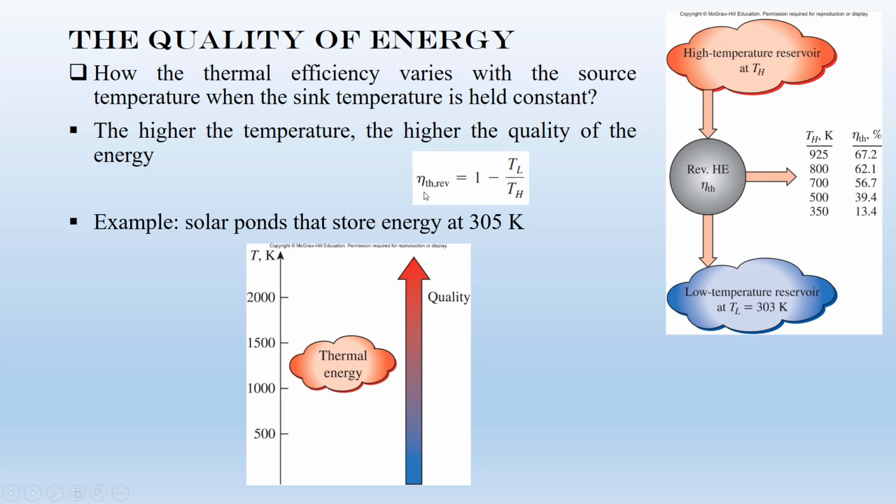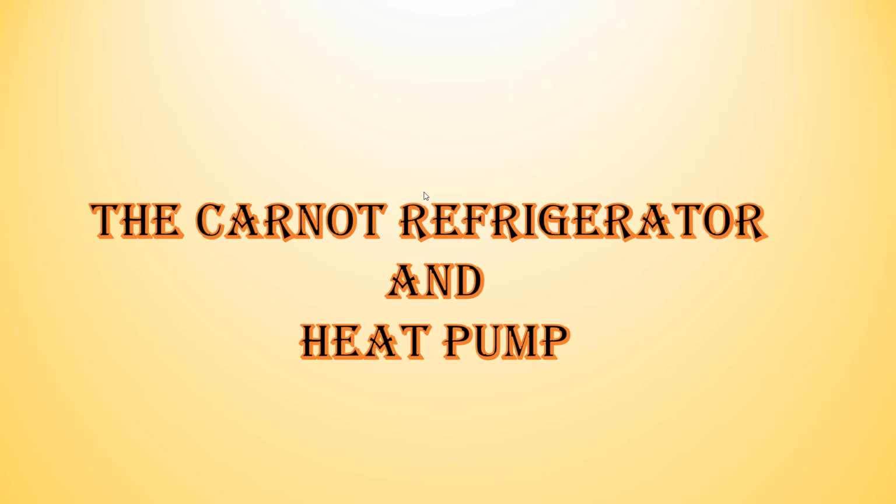So the higher temperature of the reservoir, or TH, means the higher thermal efficiency for the reversible process. This is valid for the irreversible process as well, meaning that the higher temperature of the source causes the higher thermal efficiency for both reversible and irreversible processes.